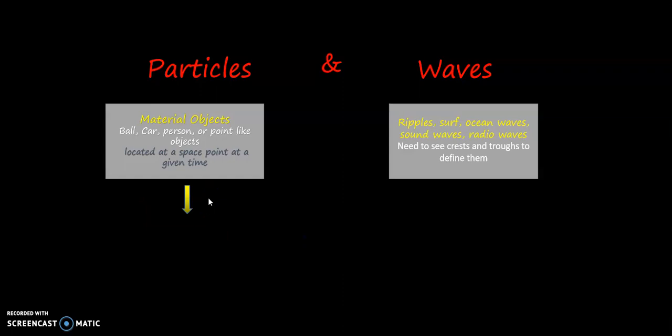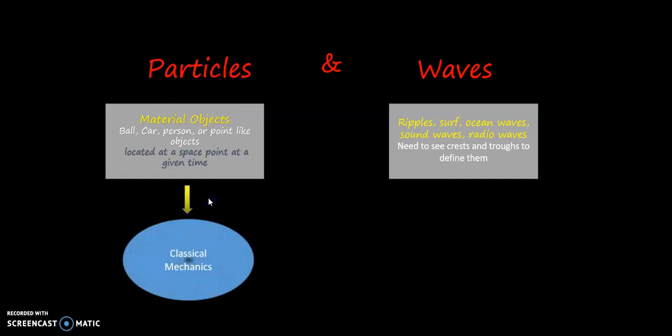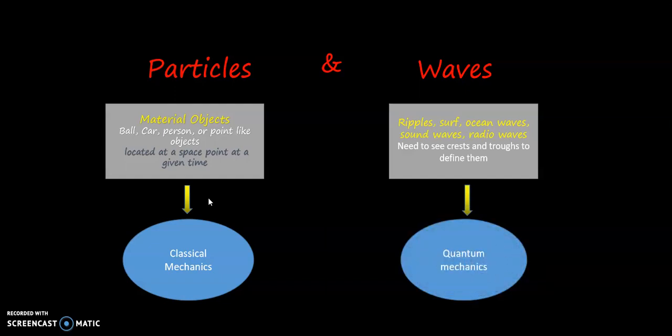These particles, which can occupy a definite space and can be defined by their position at a particular time, come under classical mechanics, while the wave nature could be defined by quantum mechanics.